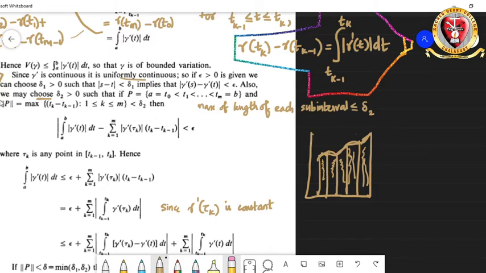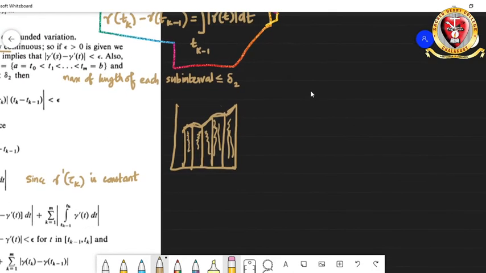Hope you understood what the norm is. The norm is nothing but, when we are partitioning this closed interval [a, b], we form subintervals like this: t naught, t1, t2, etc., tm minus 1, tm.